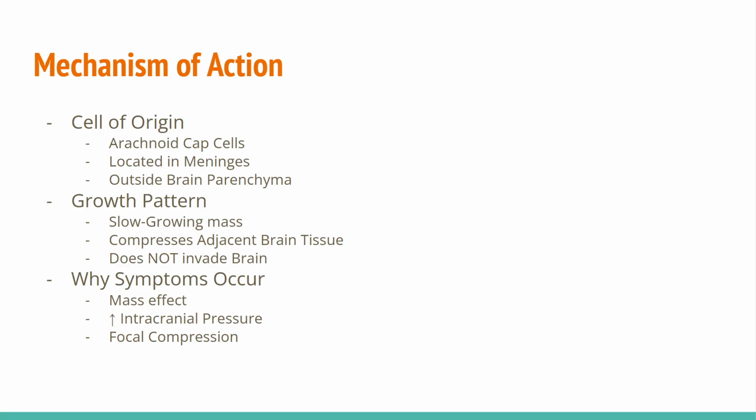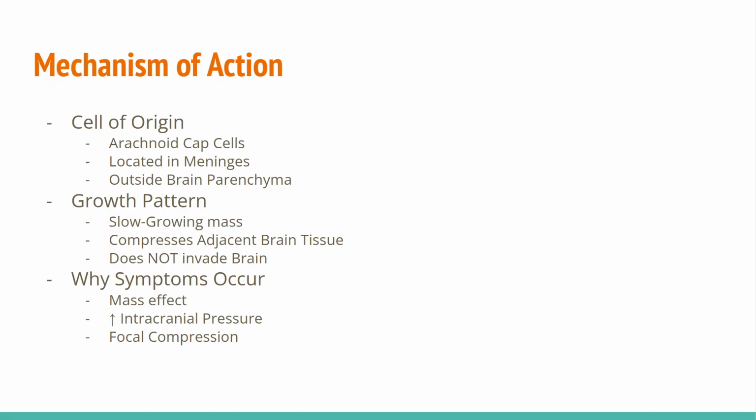Like I mentioned, meningiomas grow very slowly, and they are well circumscribed. They rarely infiltrate brain tissue, but instead they just compress adjacent structures. That's why most patients usually have progressive symptoms rather than sudden deficits.